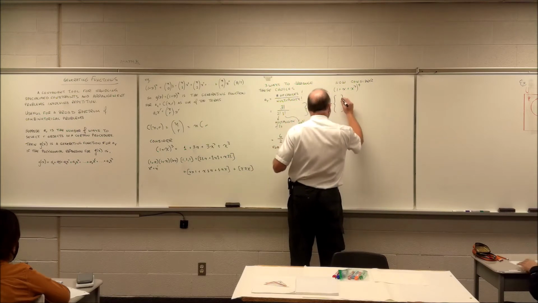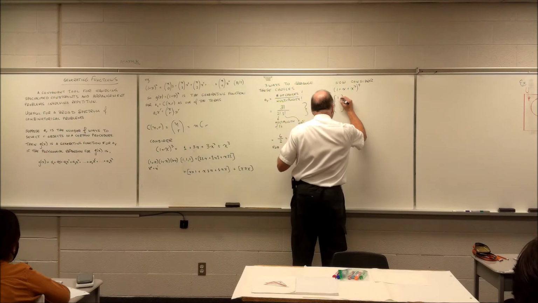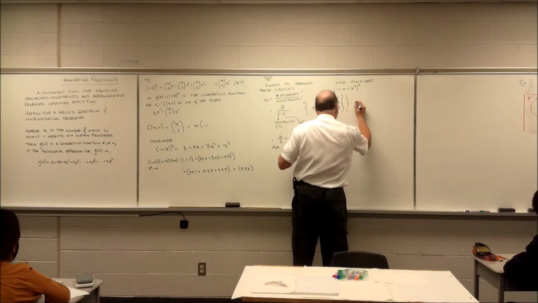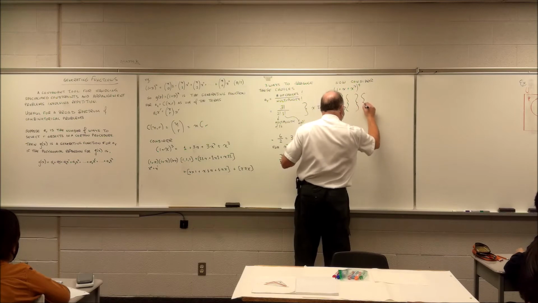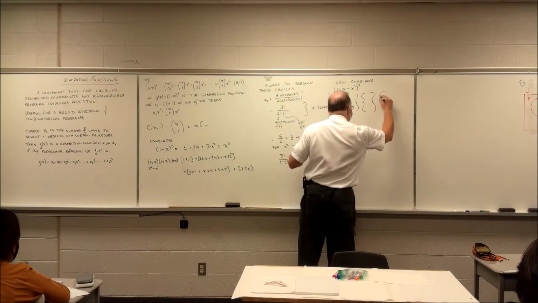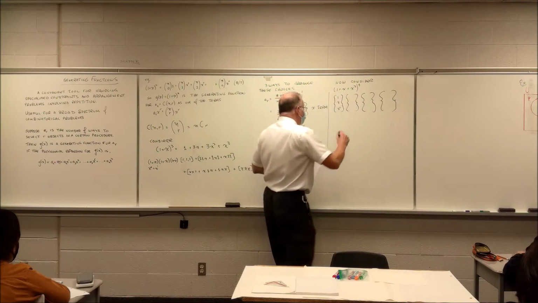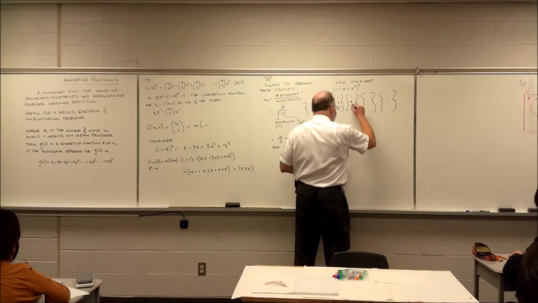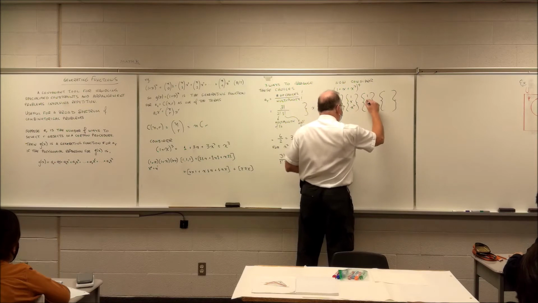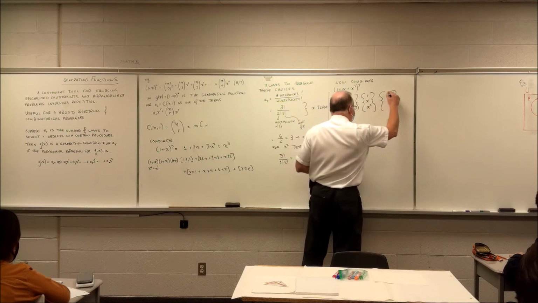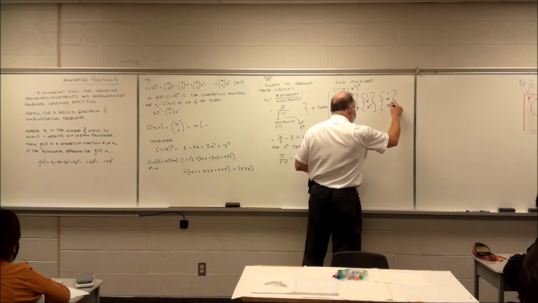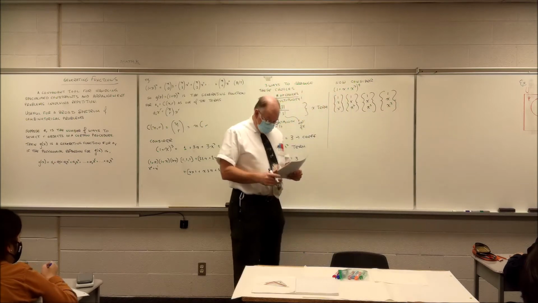I'll use his notation. So we've got 1, x, x squared, 4 times. Okay? Just so that people aren't confused later. And that's just because it's to the 4th power. There's nothing here that is that complicated.